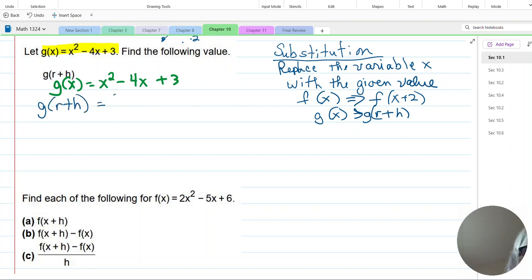So this would mean, in parentheses, r plus h squared, the square outside of the argument that we're adding, minus 4 parenthesis r plus h plus 3. And this is the solution for substitution. You don't have to simplify.